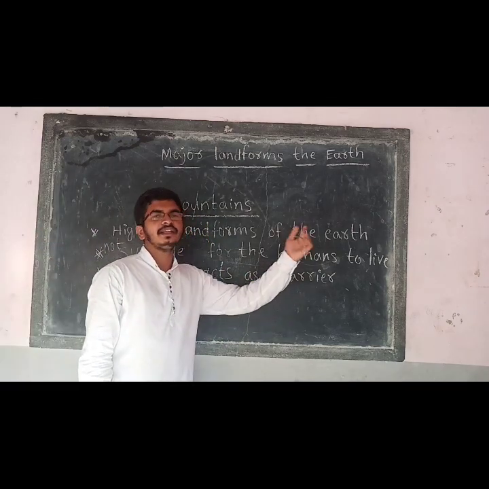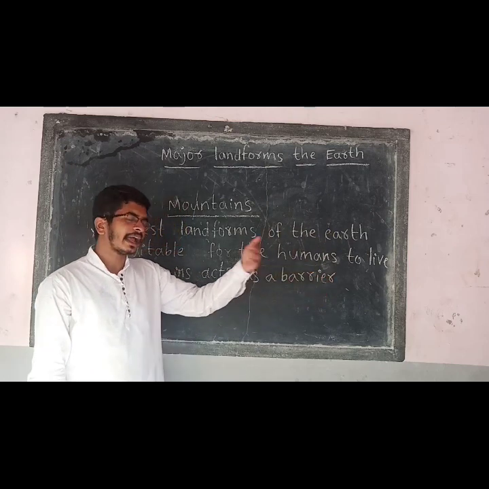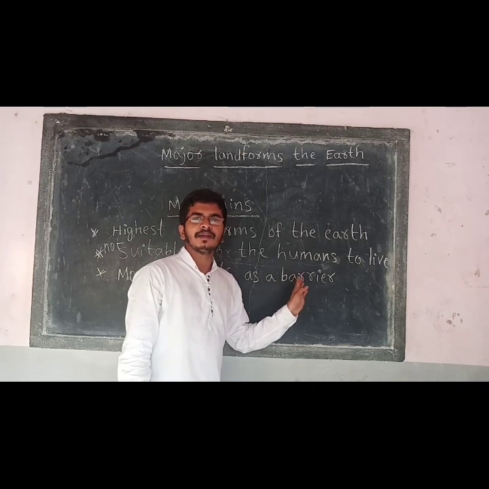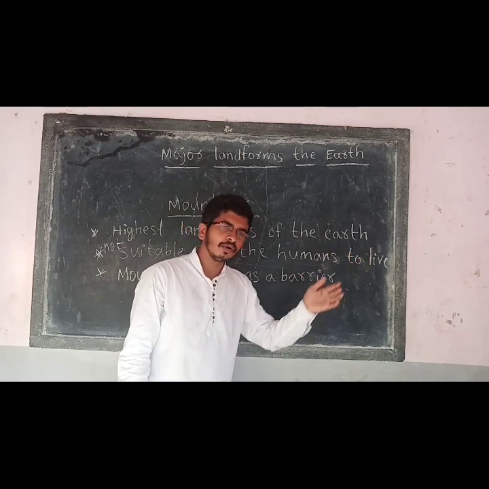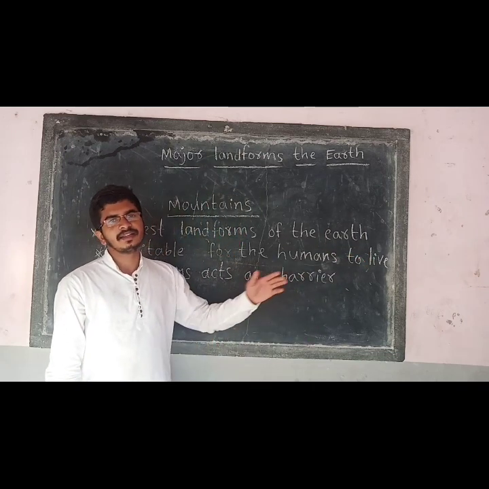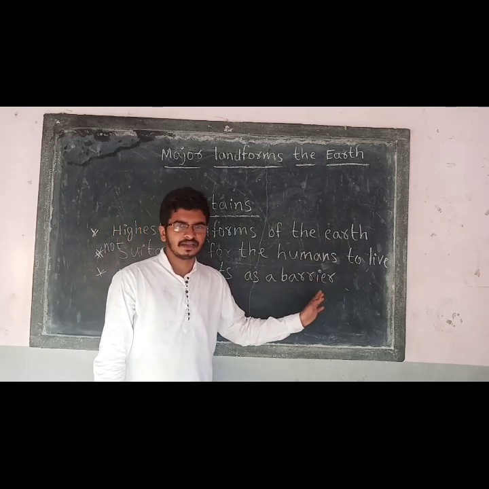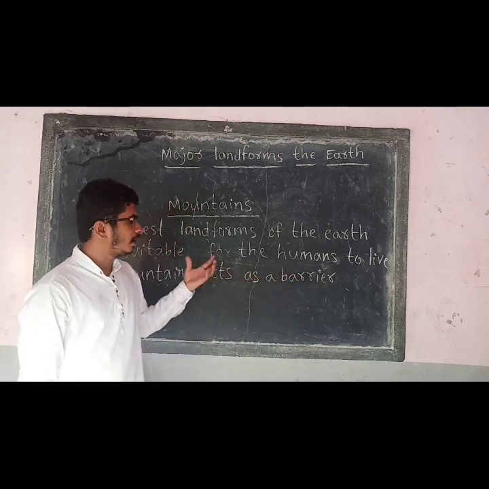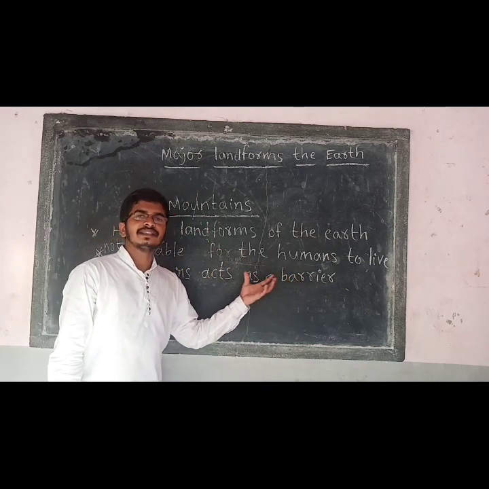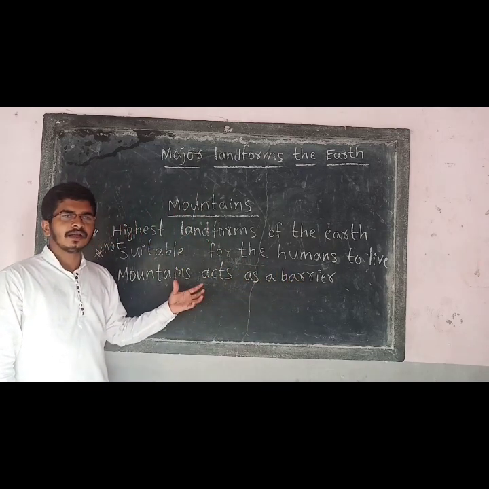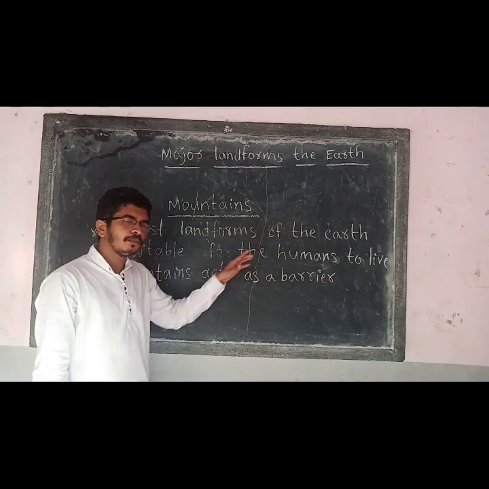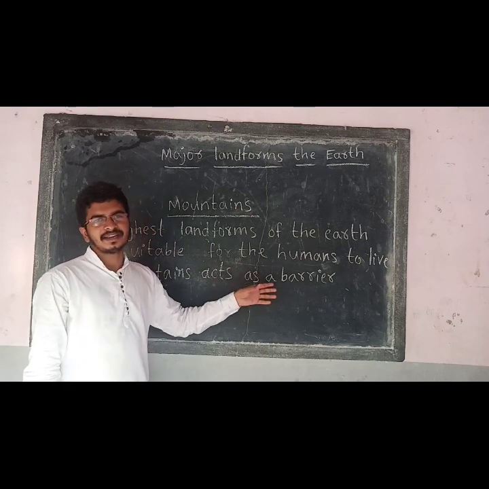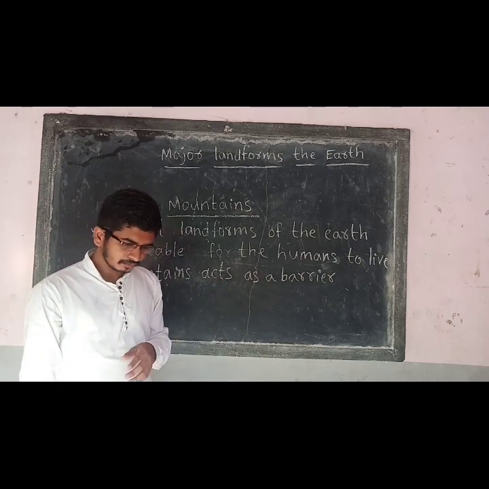For example, if any other country is planning to attack our country, we can easily find them from the mountains, and they are unable to enter our country easily, illegally. They can't enter. So these mountains are helping protect our country as a barrier. Clear? Around our country there are many mountains, and these mountains help us as a barrier. Clear?